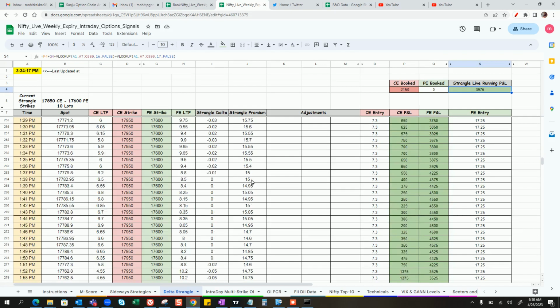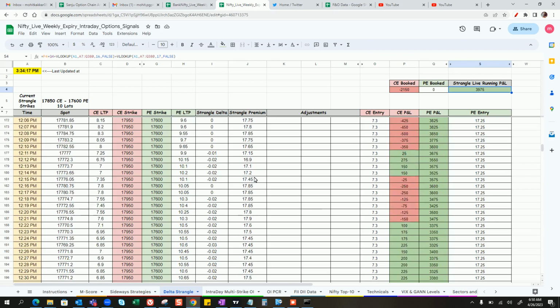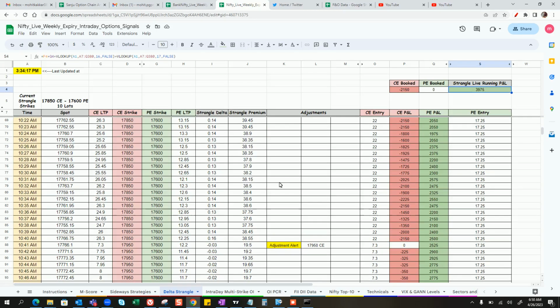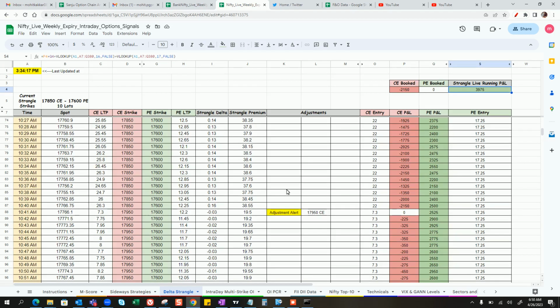But nonetheless, this is now live with auto adjustments, and I'm planning to add a lot of other option strategies. The next in the pipeline I'm thinking of is Ironfly. Ironfly will be a little difficult one because it contains a lot of adjustments.